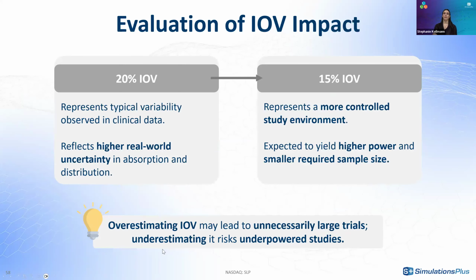Concluding, overestimating IOV can make your study unnecessarily large, while underestimating it risks ending up with an underpowered trial.